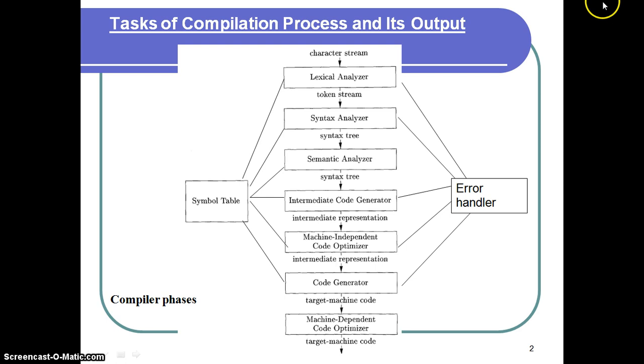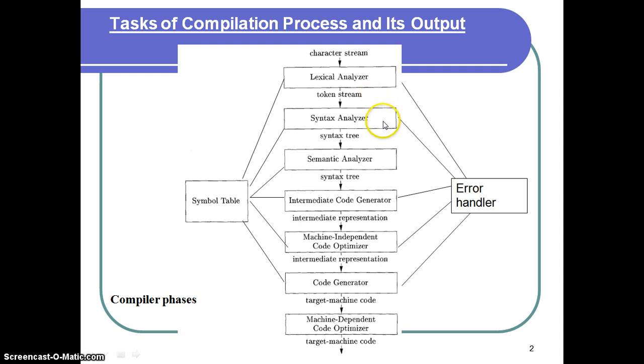So when you are executing a program on a system, it takes the characters from that source program by the lexical analyzer, in the form of lexemes, and that will be converted into the token stream.